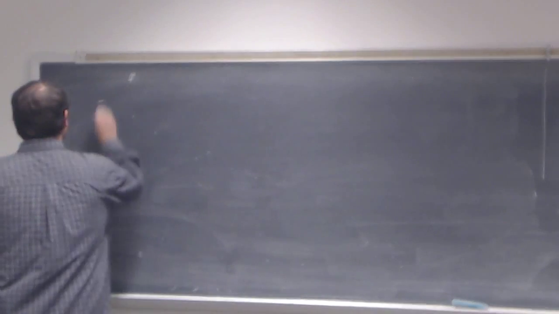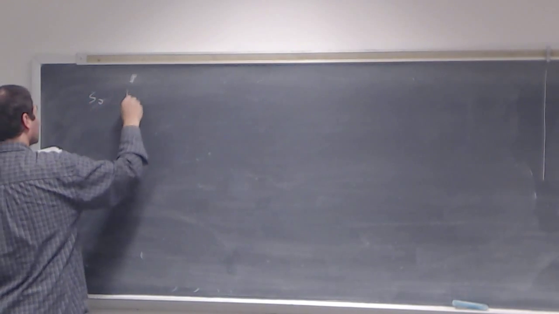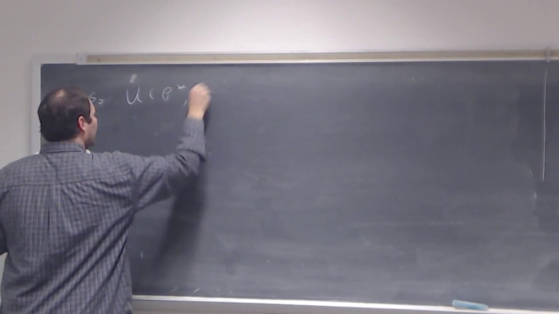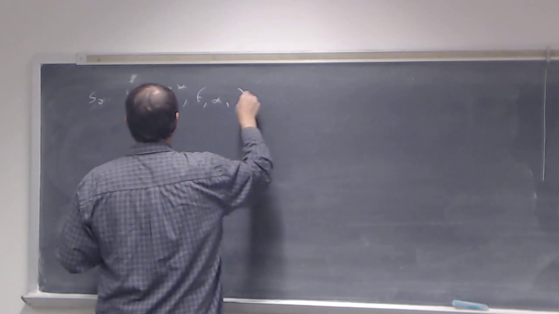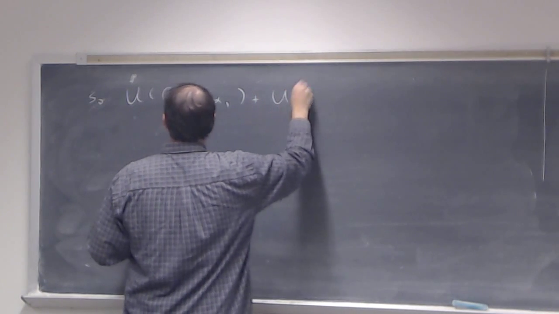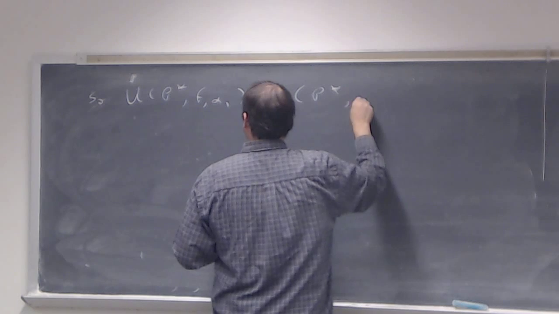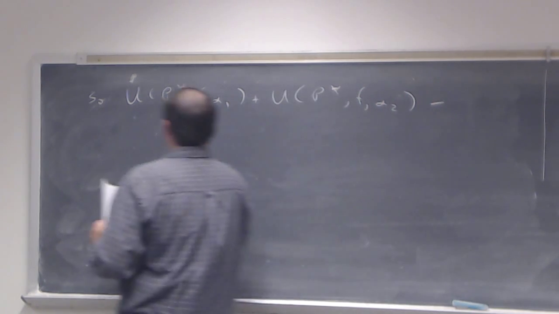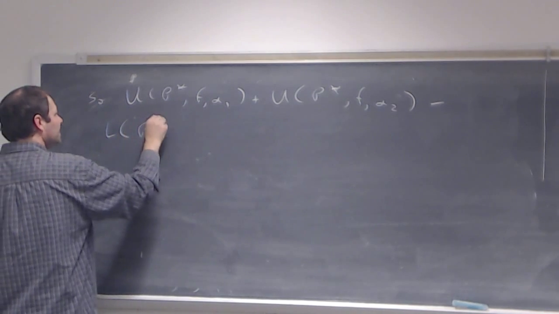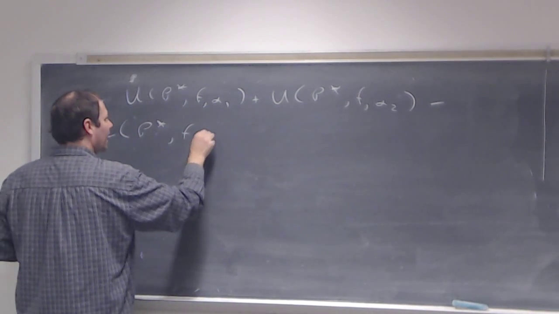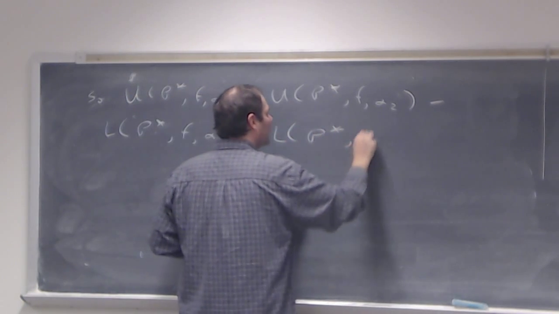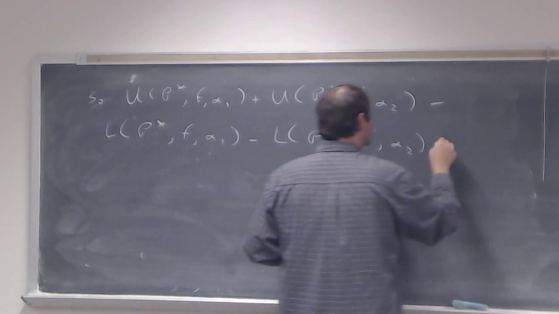Okay. So, upper sum, P star, F, and alpha sub 1, plus upper sum, P star, F, and alpha sub 2, minus the lower sum of P star, F, and alpha sub 1, minus the lower sum with P star, F, and alpha sub 2.